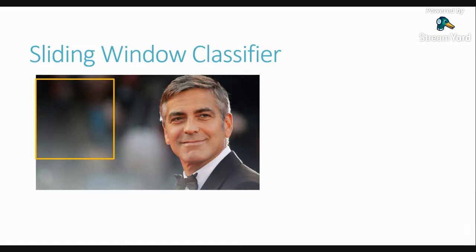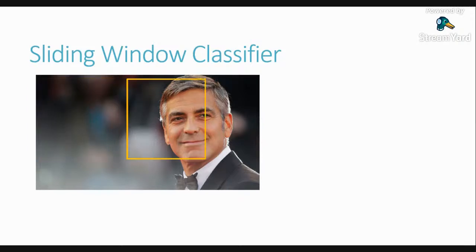So we use a sliding window classifier, where we pick a window first and then slide this window over the whole image, and we say whether a particular window has a face or not. For all the windows we run our face detector, and if it's not a face, we skip this window and move to the next window.